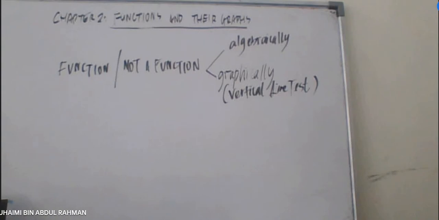They must intersect at one point only. If more than one point, not a function. We have several types of shape of the graph. It must intersect at only one point.